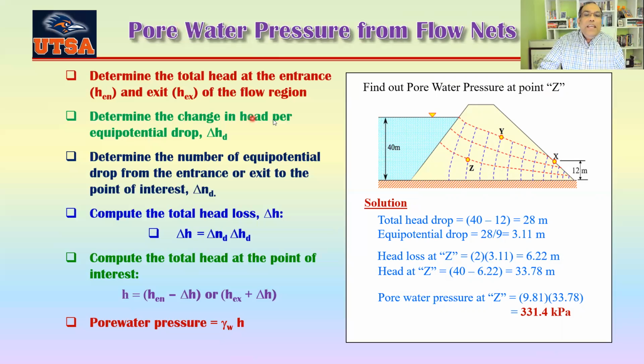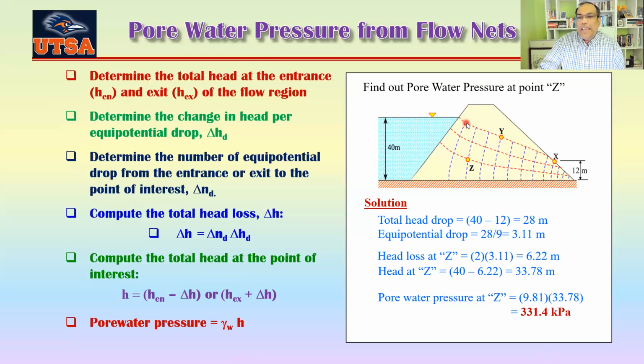Now determine the change in head per equipotential drop, that is, how many equipotential drops I have from here to here. So you can see this is 1 drop, 2 drop, 3 drop, 4 drop, 5 drop, 6, 7, 8, 9 drops. So the head drop per equipotential drop is 28 divided by 9, which is 3.11 meters. But you have to be very careful when you are counting from here: this section is not a drop.